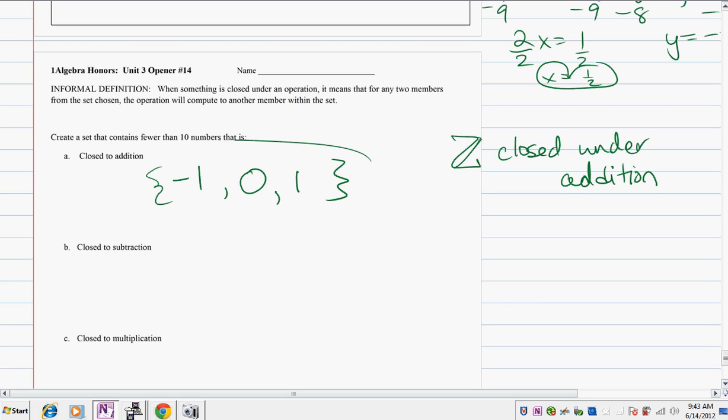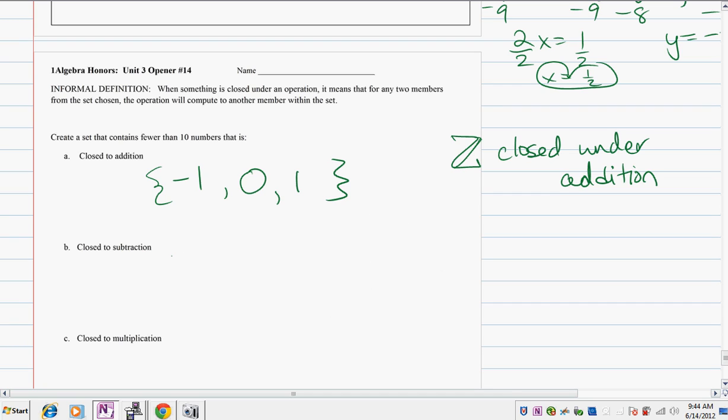So I think this works. I'd be interested for you to tell me that it doesn't, but I could see negative 1 plus 0. I could see negative 1 plus 1. I could see 0 plus 1. And those all come out to be numbers in the set. So I could see this being closed under addition.